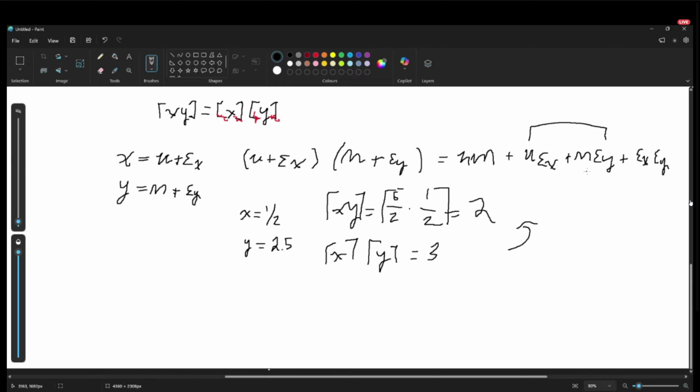Now, the key to picking this counterexample was to see this middle term and try to exploit it in some way. Imagine if m was 0, then this cross term would not exist. So I made sure to pick something such that m was not 0. To do that, I just made it so that y is greater than 1.